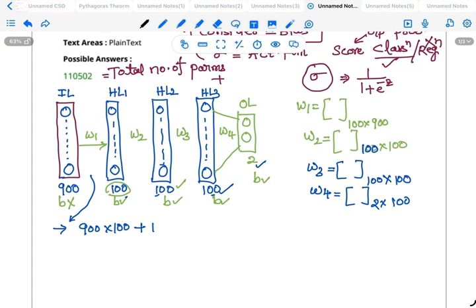The biases are B1, B2, B3 and B4. B1 equals 100. So the total is 90100 parameters including bias.